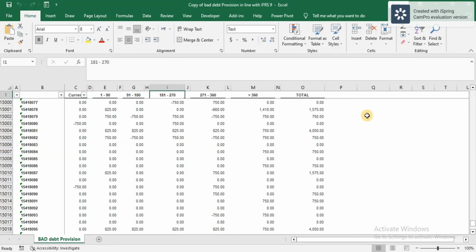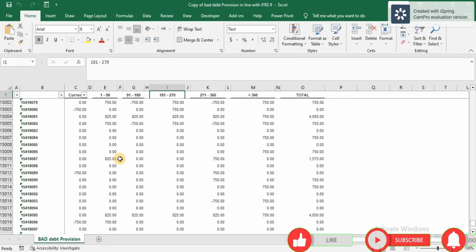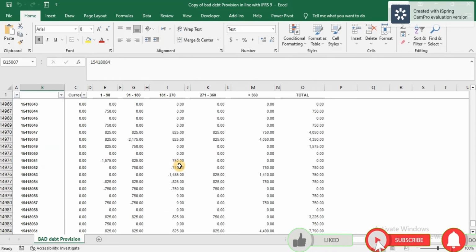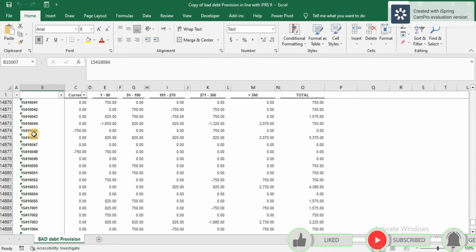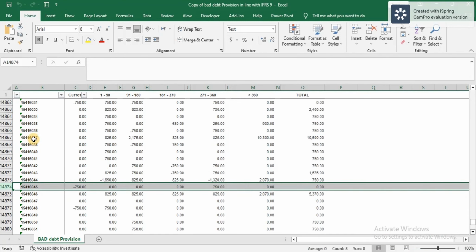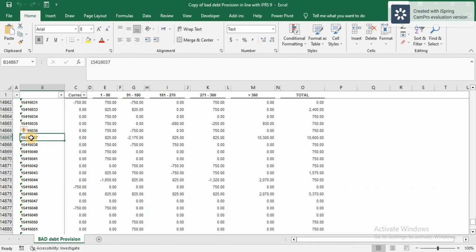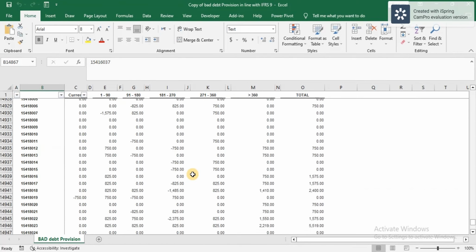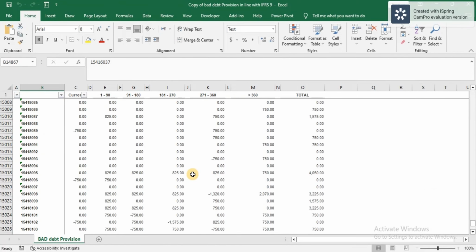I gave the credit limit of 90 days, because this company, whose data I have exported, issues its sale invoices quarterly. These are each customer's data, reflecting the summary of how each customer is paying their bills and invoices. So this is all about the aging report.